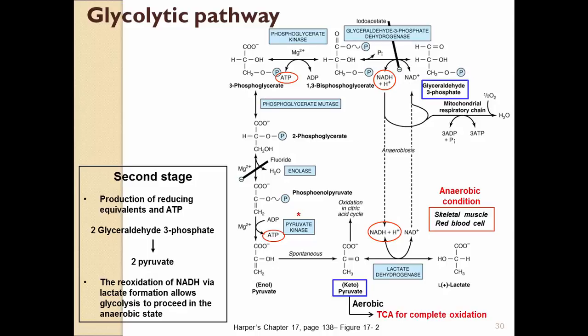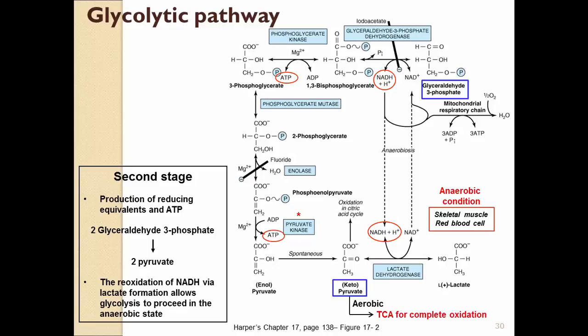Because glycolysis occurs in the cytosol, remember? So cytosolic NADH can make either 2 or 3 ATPs, depending on the shuttle system, because NADH cannot be easily transported into the mitochondria for ATP production.